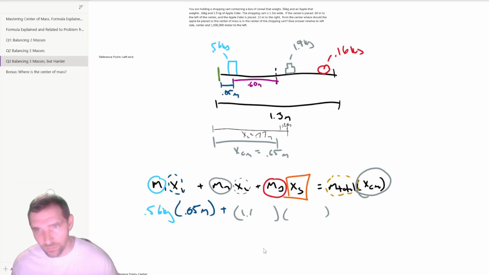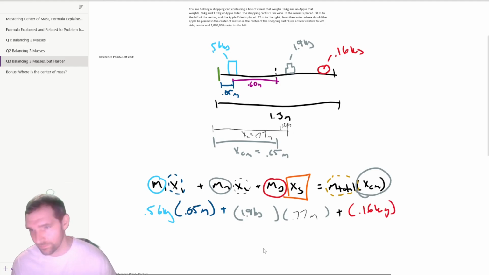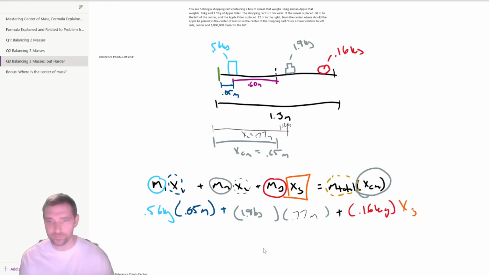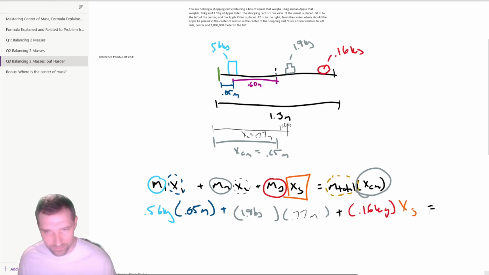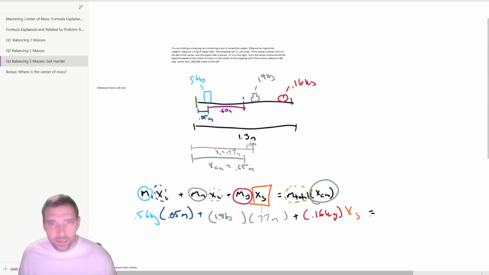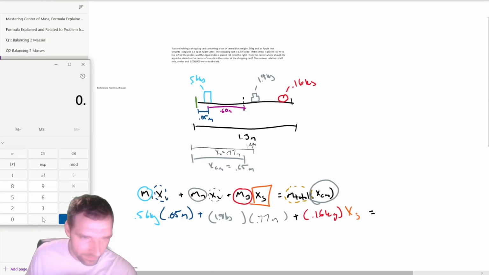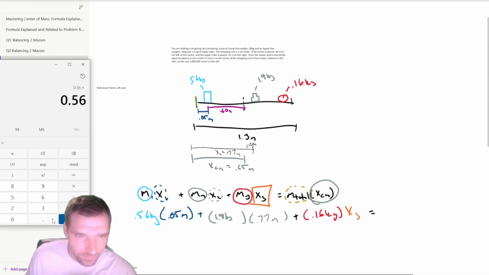M2 was at 1.9 kilograms, and the displacement for that was this x2 number, 0.77 meters, plus M3, which is 0.16 kilograms, times whatever value we're going to get for this, which is now equal to the total mass times that displacement. And our total mass, we did previously calculate it, but it's just these numbers added up.